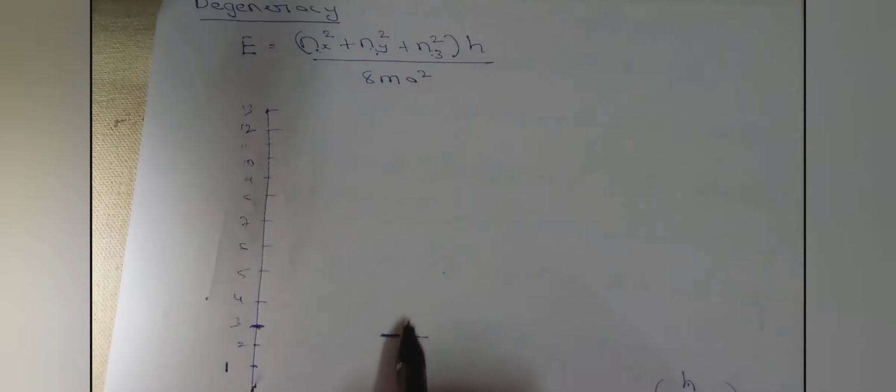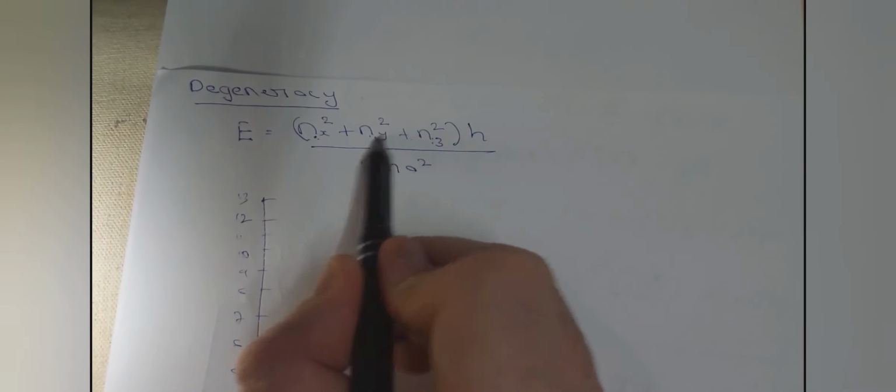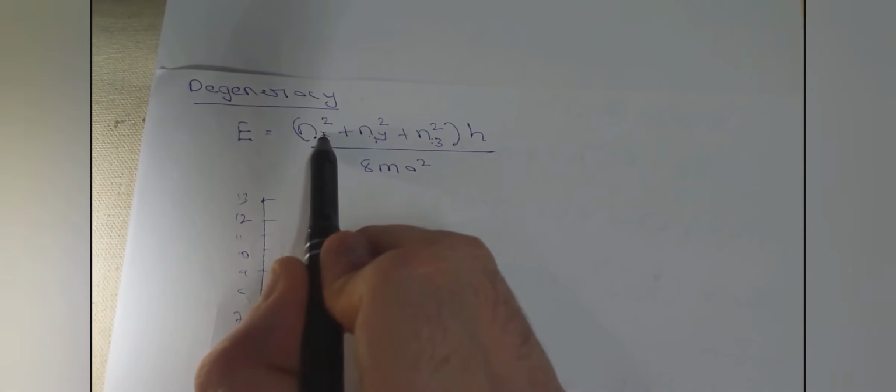So we have here 1, 1, 1. And then the next one, we can have quantum numbers 2, 1, 1. 2 square will be 4, 4 plus 1 plus 1, 6. So here we come to 6, and then we can have here 2, 1, 1.